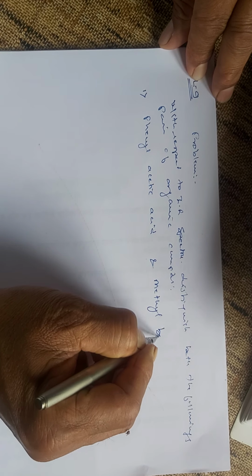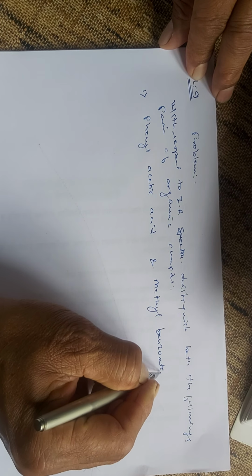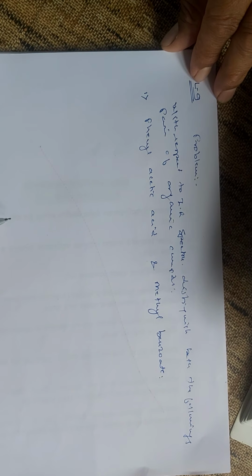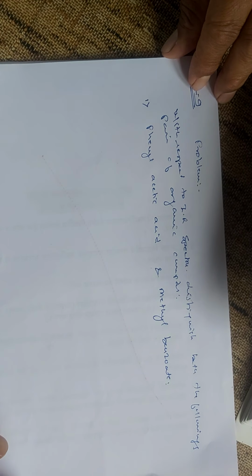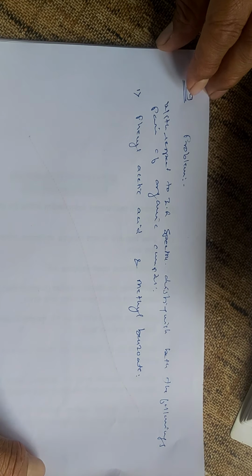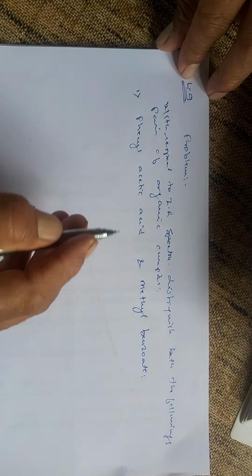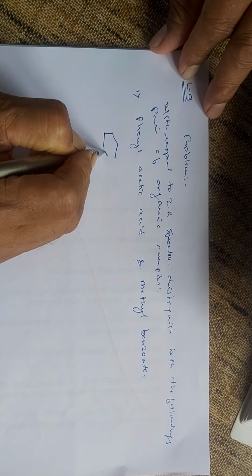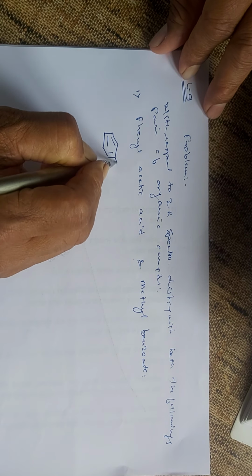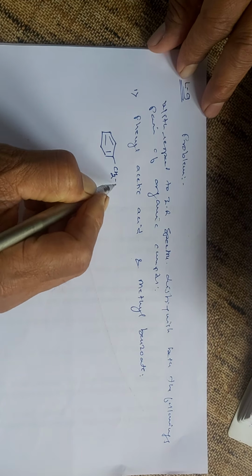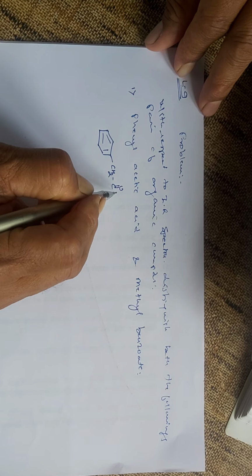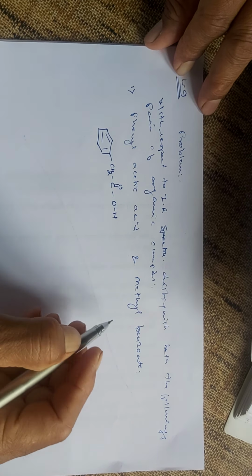So here it's necessary that we must be able to draw the structure and discuss the functional group. So here phenylacetic acid, it's an acetic acid, means it's an acid having the functional group COOH. So the phenyl ring has been substituted here in the acetic acid, and the molecule obtained is your phenylacetic acid.